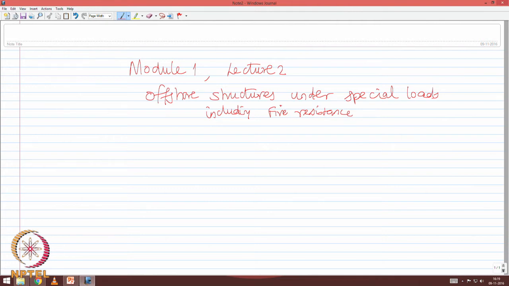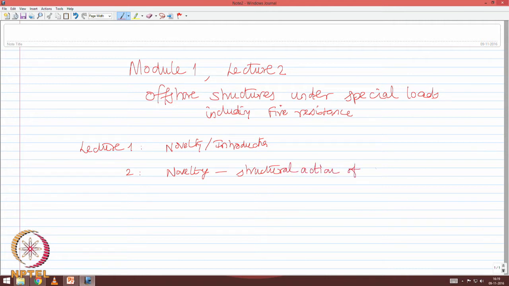In the last lecture, we discussed introduction and novelty. In this lecture, we will continue to discuss the novelty in terms of structural action of offshore structures.